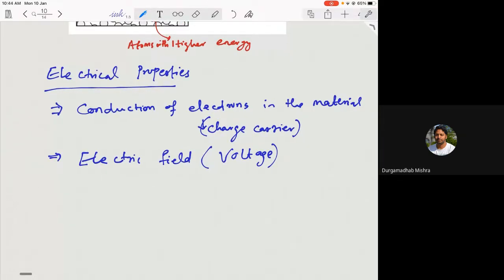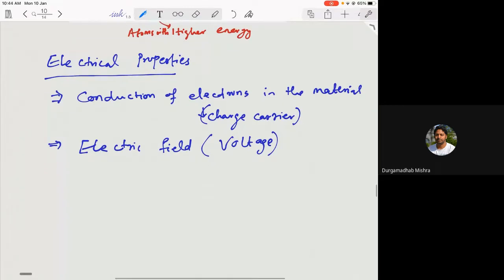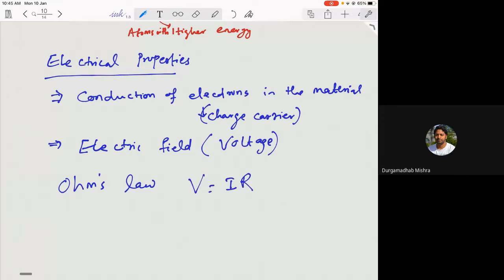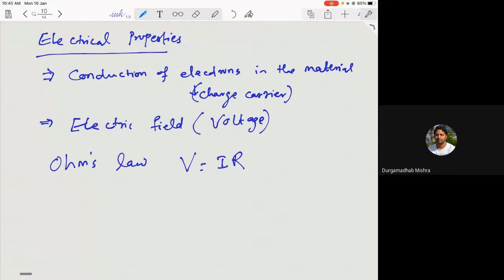When you apply a voltage, due to the conduction of the charge carriers, you get an electric current, which is related by Ohm's law, which you all know: V is equal to I into R. V is the voltage, I is the current, and R is the resistance.